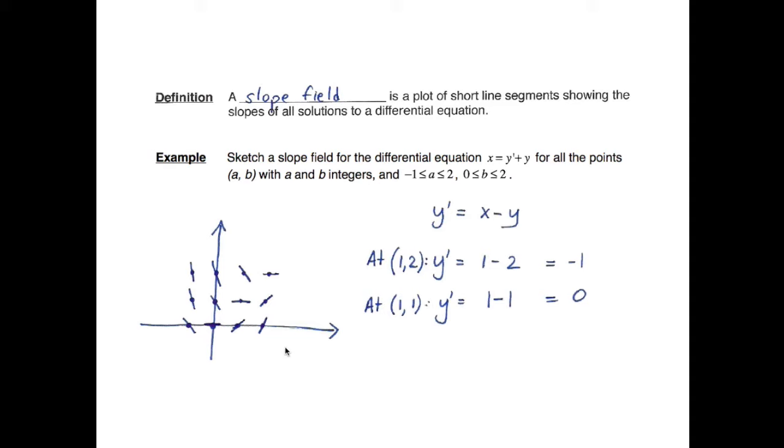You need to make sure that slopes of 0 are clear, slopes of +1 are easy to see, -1, but then in quizzes or tests, for instance, I wouldn't look whether this is exactly -2, but I would check that it's steeper than this, for example.